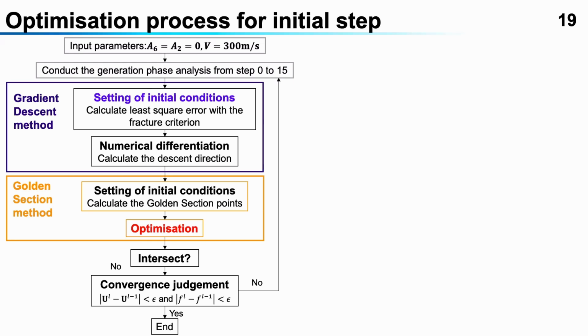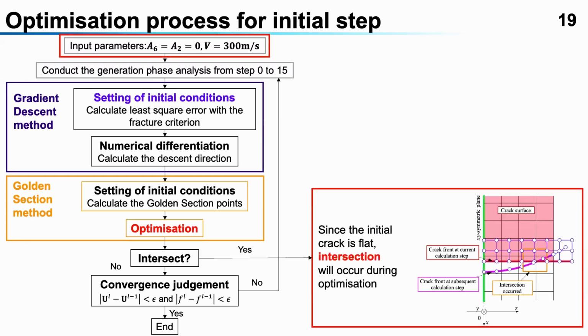Then we conduct the generation phase analysis from step 0 to step 15. Here, our optimization consists of two parts. First is the gradient descent method, used to detect the optimal direction, and then the golden section method to determine the optimal step length. Because the initial crack is flat, this kind of intersection will definitely happen.